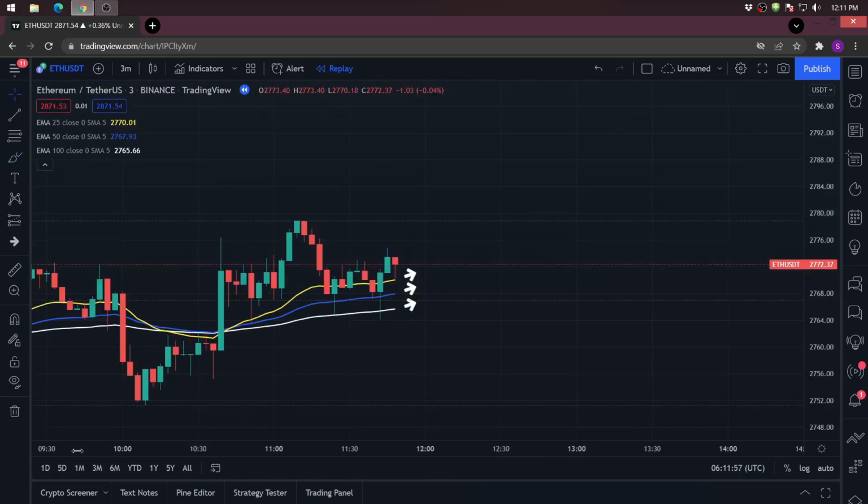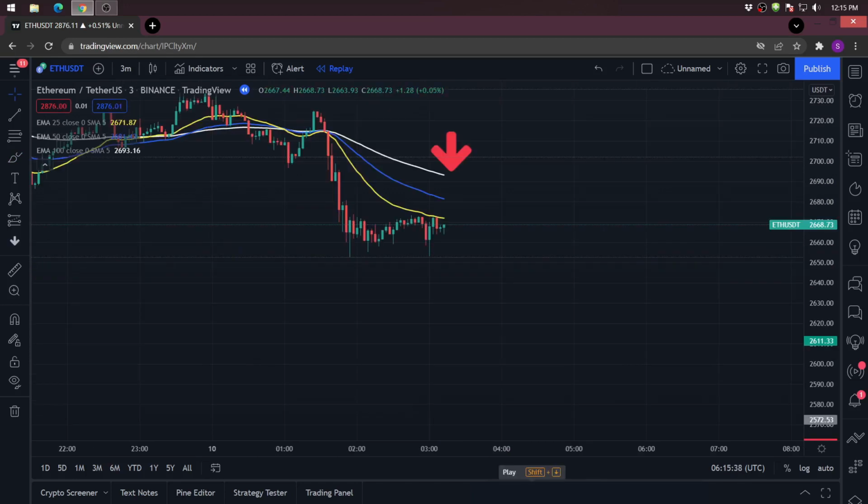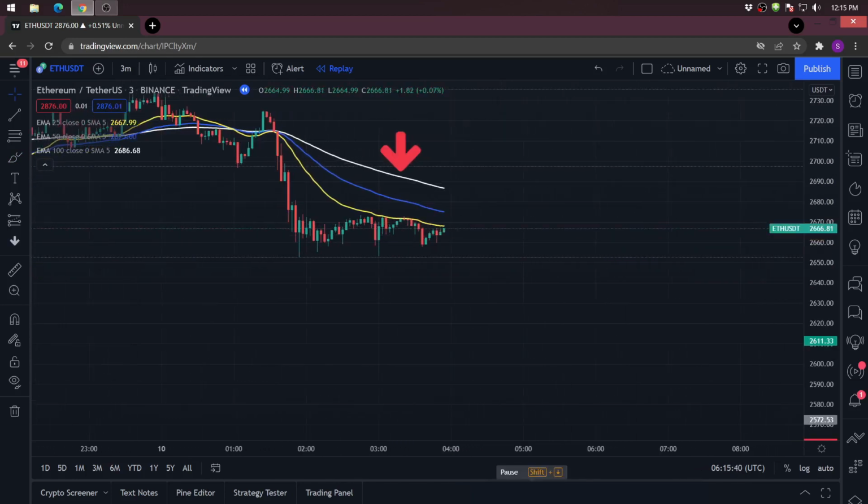Just remember, we need 3 EMAs in the same direction, separate from each other, and the direction will be up or down. If the direction is up, we take a long position. If the direction is down, we take a short position.